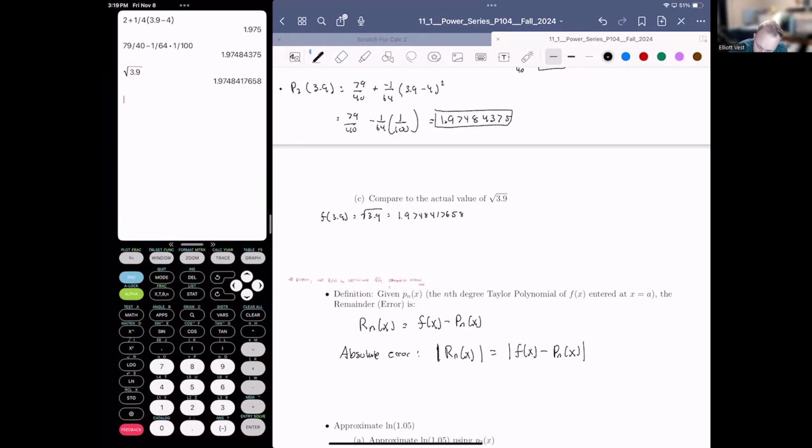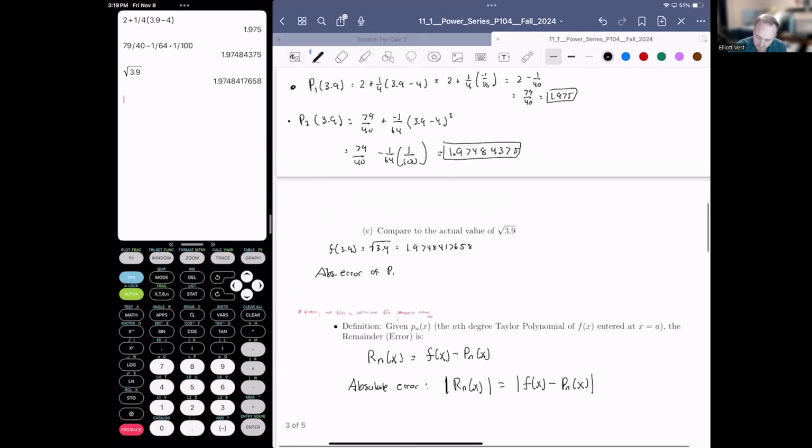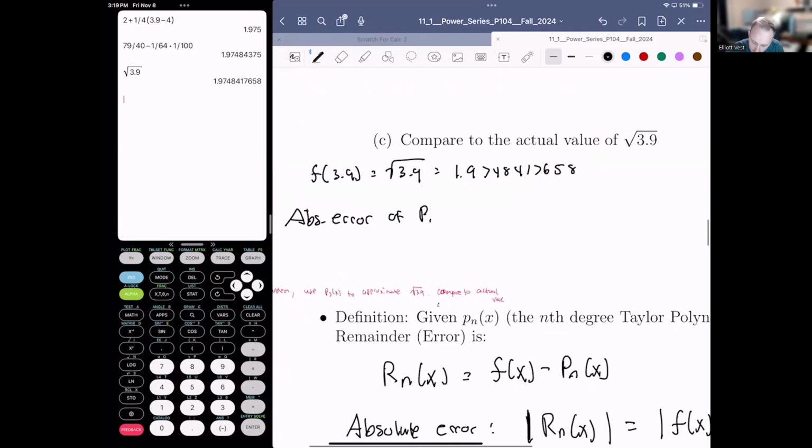So for this problem, we have the absolute error of P1. Let's zoom in here. R1 of, let's actually plug in the number. Absolute value, f of 3.9 minus P1 of 3.9.